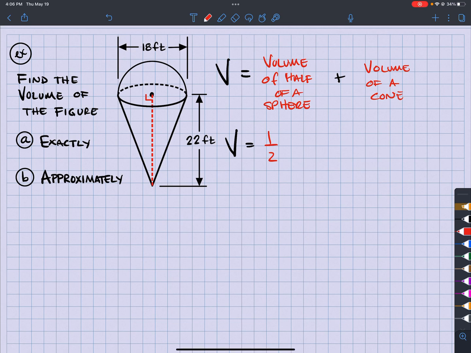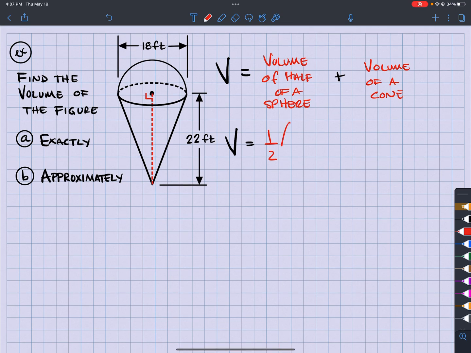So this volume here is going to equal half of what? What is the volume of a sphere? Well, that is going to be 4/3 pi r cubed, plus the volume of a cone, which is 1/3 pi r squared times h.